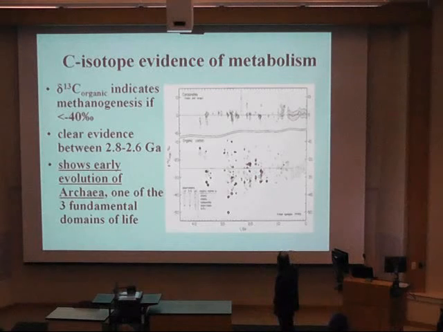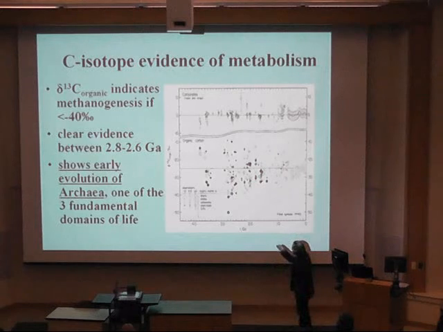And if we look at the isotopic composition of organic carbon through time, we notice there's this one outlier at about 2.8 billion years ago. Well, there's a couple actually in here, all lighter than minus 40.